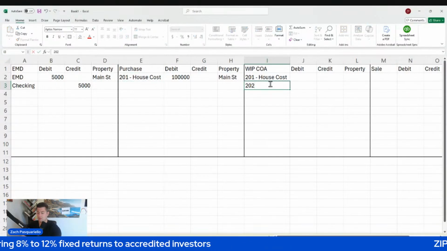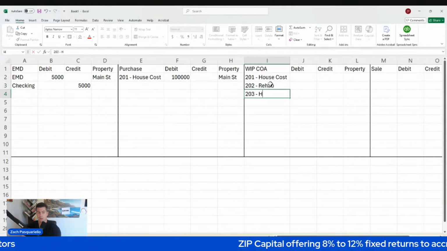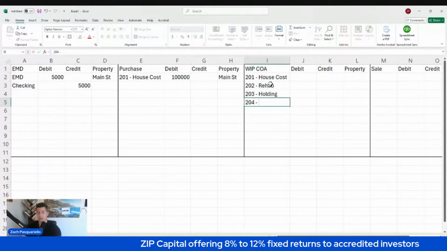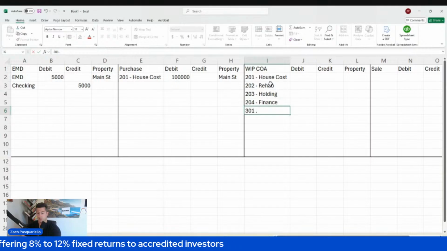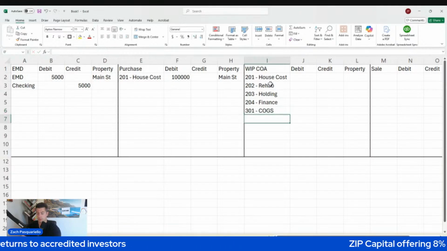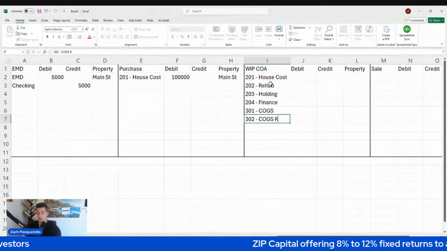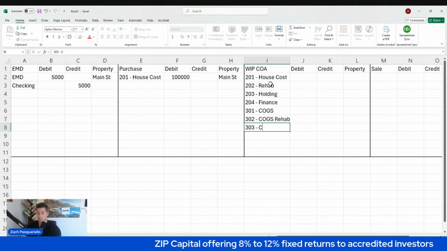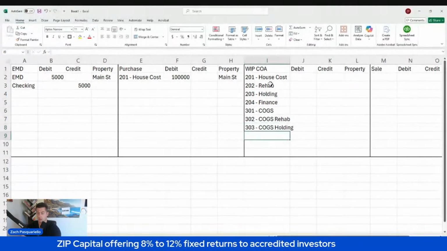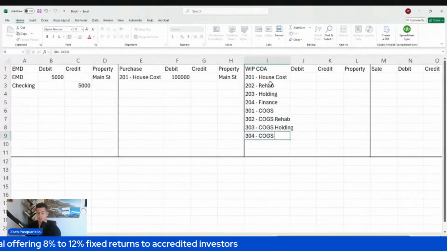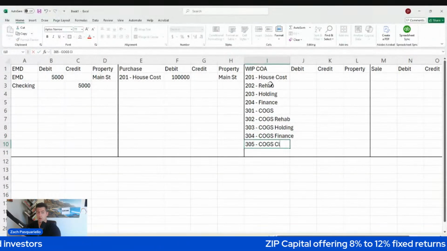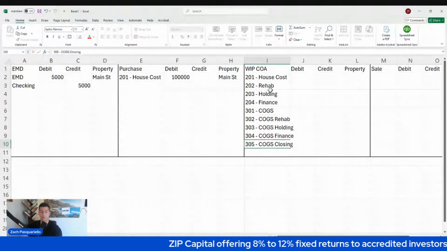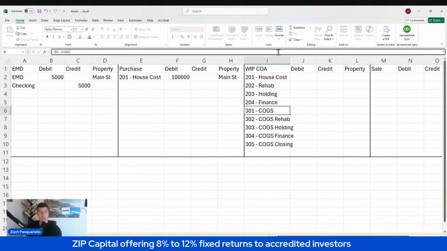So we have 201 house cost, 202 rehab, 203 holding, 204 finance, and then we have 301 COGS, 302 COGS rehab, 303 COGS holding, 304 COGS finance, 305 COGS closing cost, and then 301 COGS house cost.